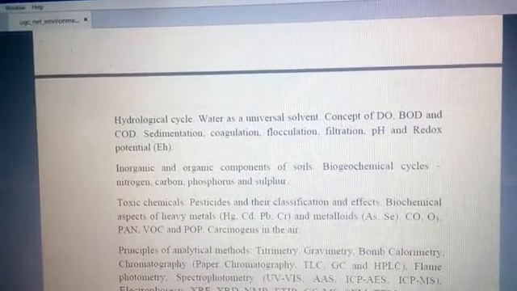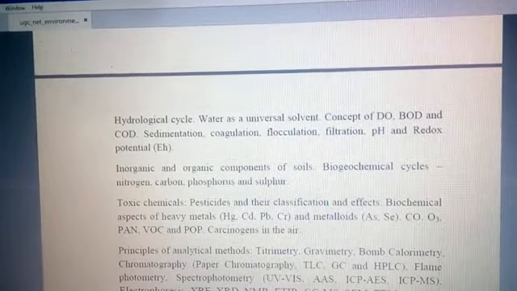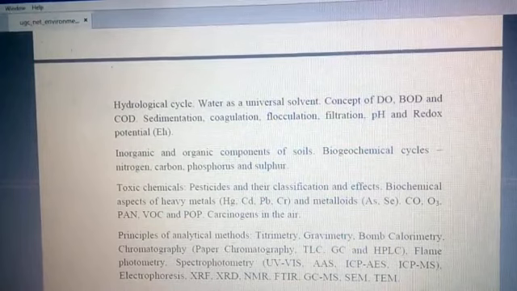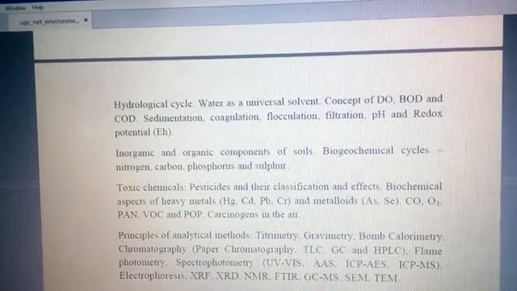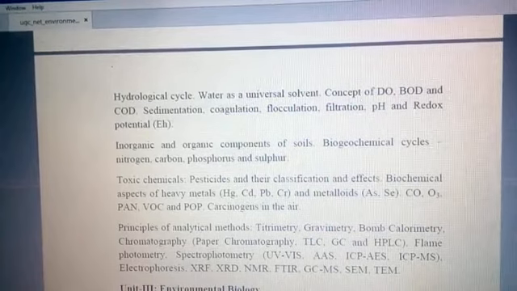The next are the analytical topics: principles of analytical methods, volumetry, gravimetry, colorimetry, chromatography. In chromatography, paper chromatography, TLC, GC and HPLC will be discussed.